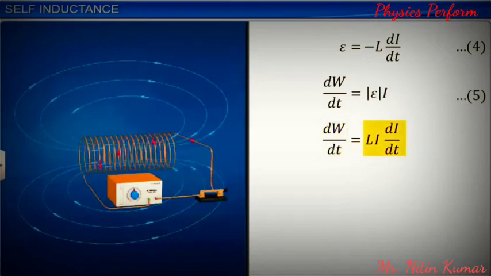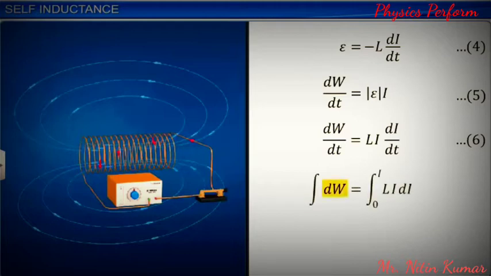Let this be equation 6. The total amount of work done can be established by integrating equation 6 on both sides. Thus, we get ∫dW = ∫ from 0 to I of LI dI. Thus, the work done or energy consumed in establishing a current in the circuit is W = ½LI².